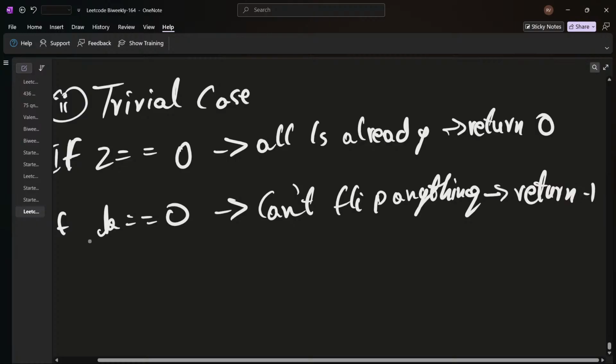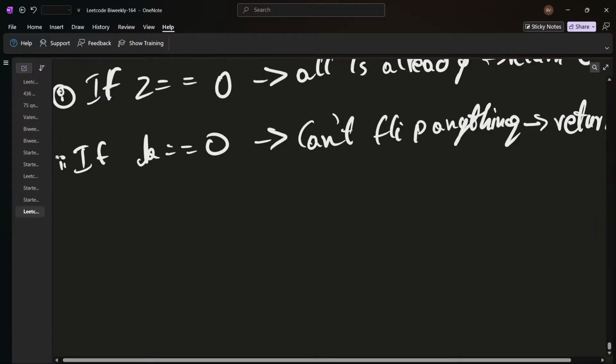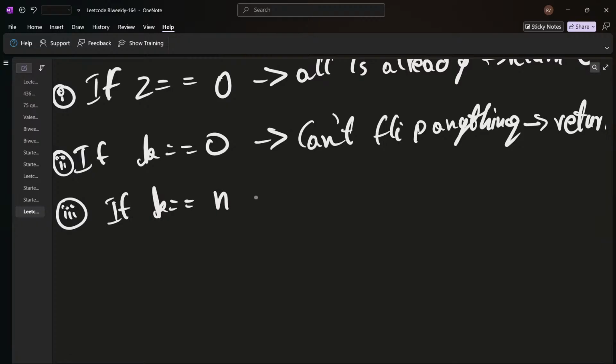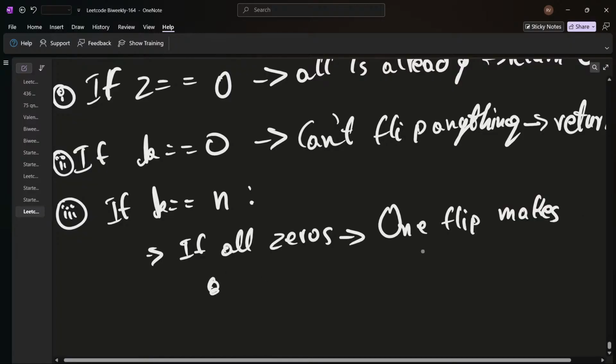Now the next trivial case, first one, second one, third one. If k is equal to n, this means if all zeros, one flip makes all ones, otherwise it is impossible.